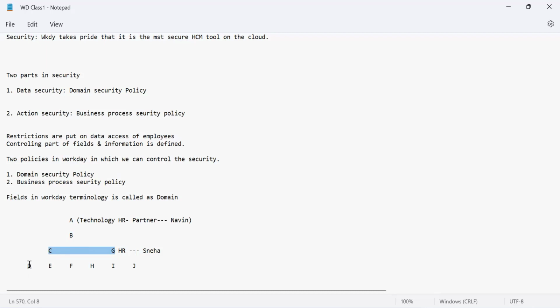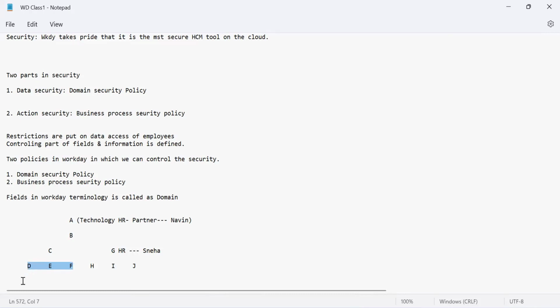And then D, E, F are reporting to C, so they are maybe team leads or managers. And H, I, J are reporting to G. Each of these people, because we have created a supervisory organization, the concept is we create a supervisory organization only for a manager or somebody who has at least one reportee. So each of them are managers, right?